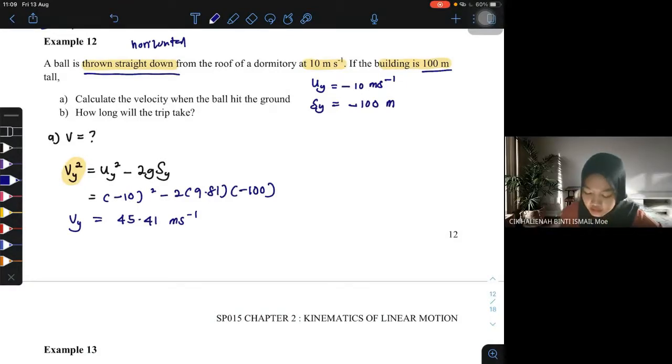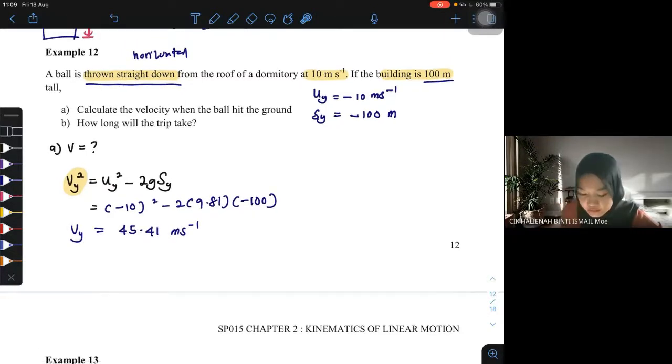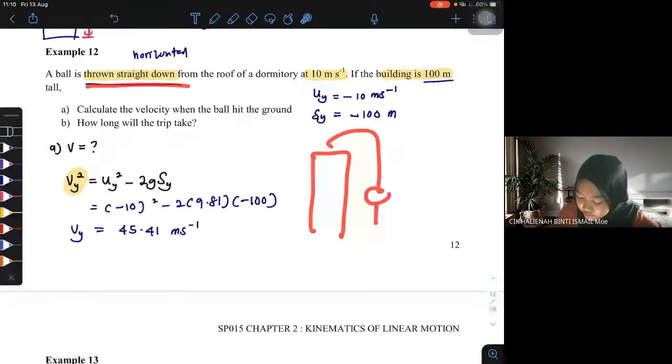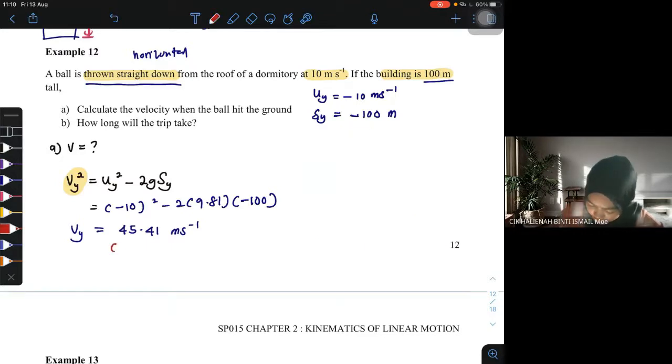Okay, tapi if we see here, memang dalam calculation kamu dapat positif. But because dia adalah thrown straight down, so dia adalah ke bawah. So obviously dia punya velocity adalah negative. So kamu kena letak dekat sini the direction which is downward.